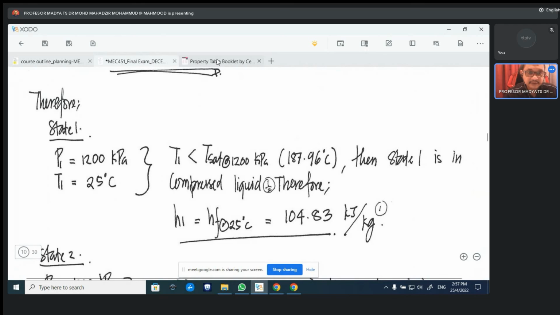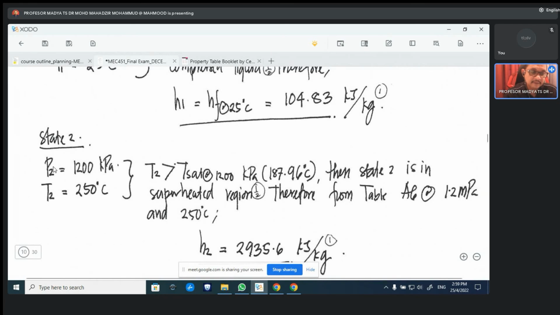Now state number two, using the two properties mentioned in the question: compare T2, 250, with T saturated at 1200 kilopascal. When you compare, T2 is bigger than T saturated, so it is in the superheated region.